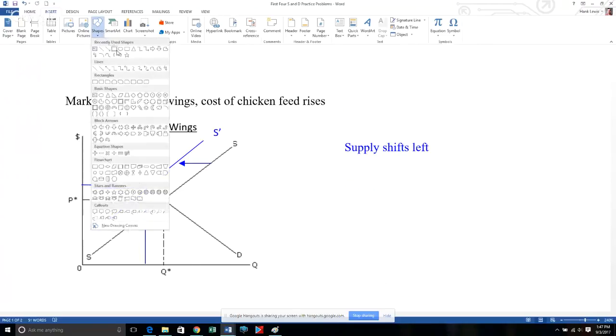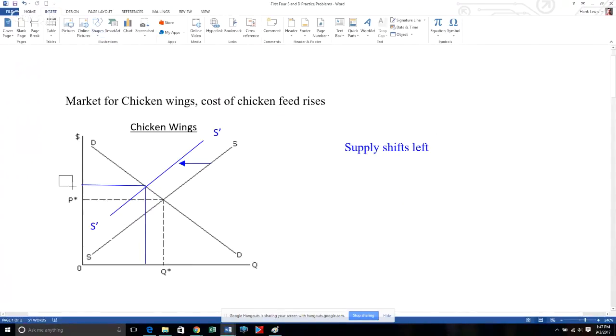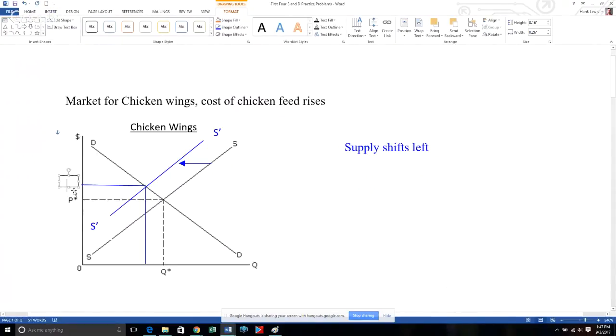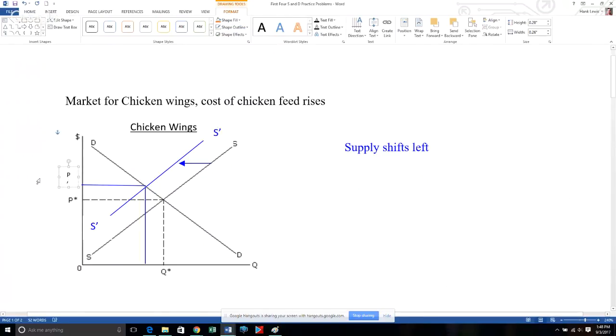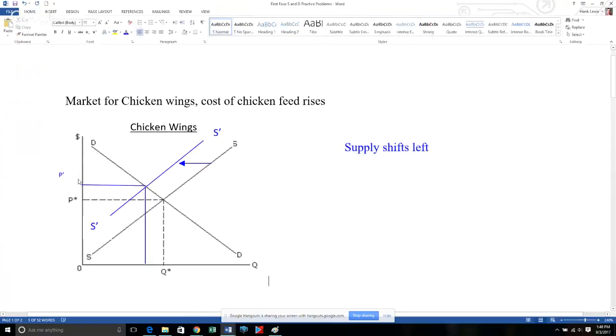And so let me go ahead and get a couple more text pieces here. And so over here, we'll call this P prime. P prime is your new equilibrium price.